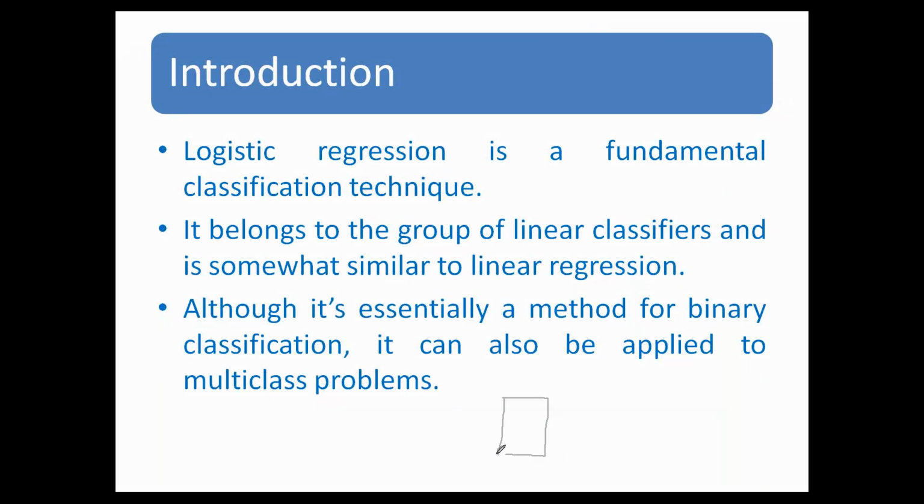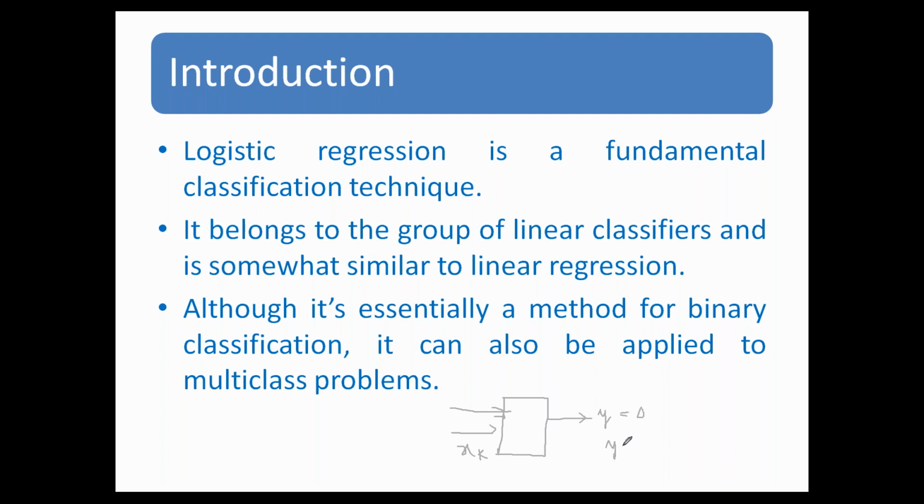You will have several inputs, x1, x2 up to xk, just like linear regression, but the output will be one output, y. So y will be either 0 or 1.